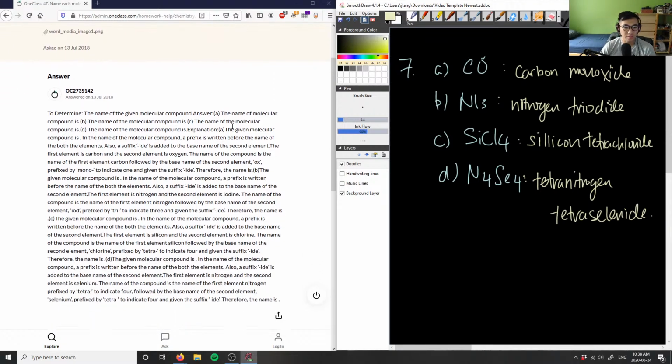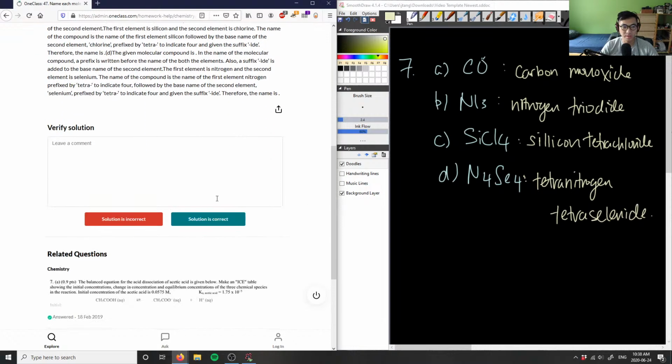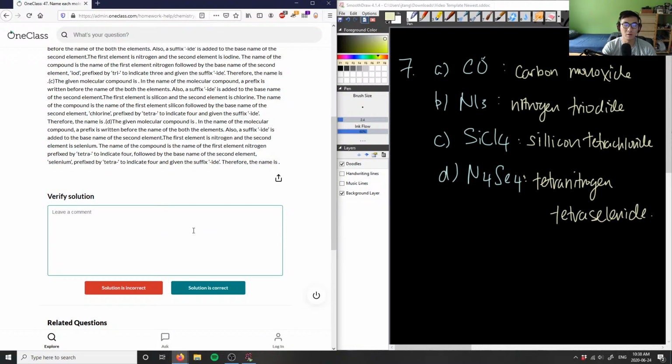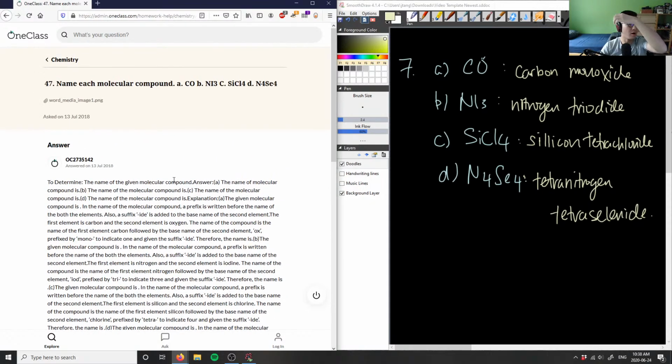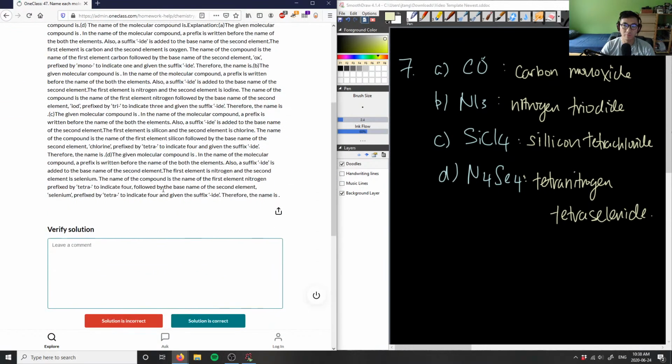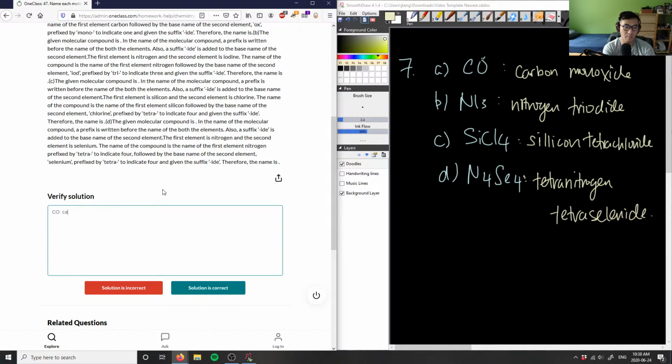So let's check our answer here. Again, the formatting makes it so that I actually couldn't figure out the naming, so let me just write down the naming for them. And I'm going to mark this as incorrect because I think their answers got cut off. So CO is carbon monoxide. And NI3, nitrogen triiodide. I want to say it's 2 I's.